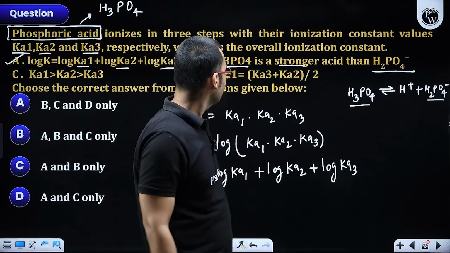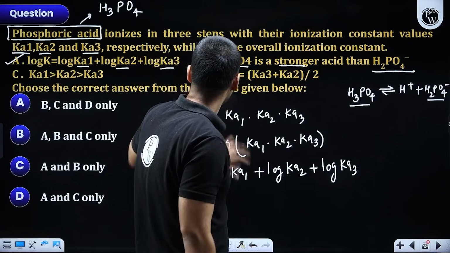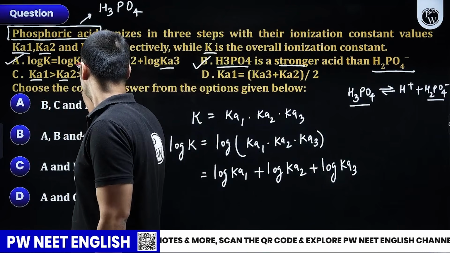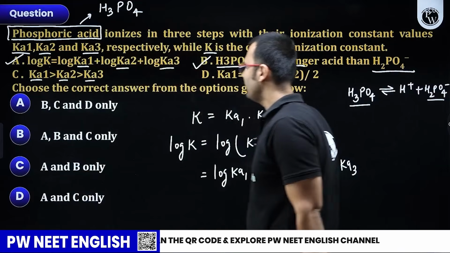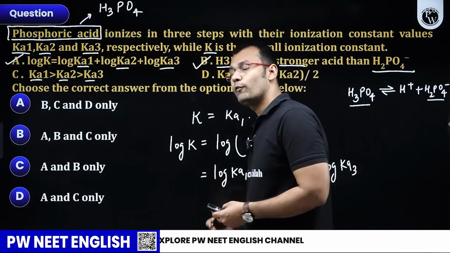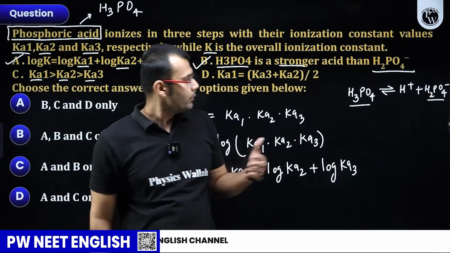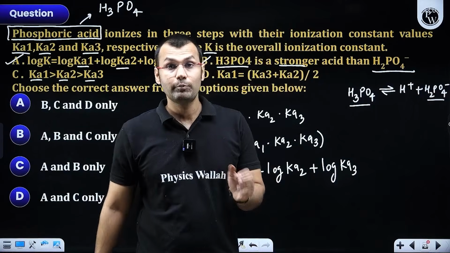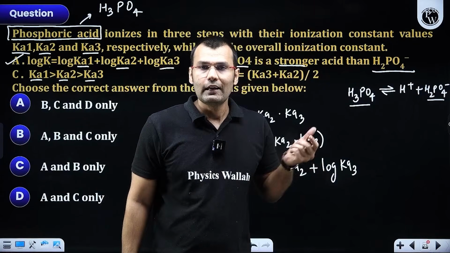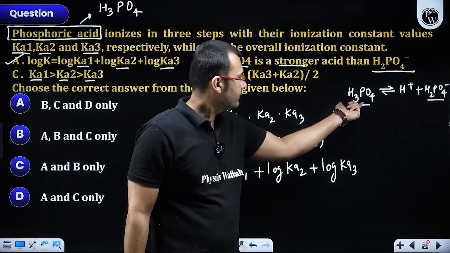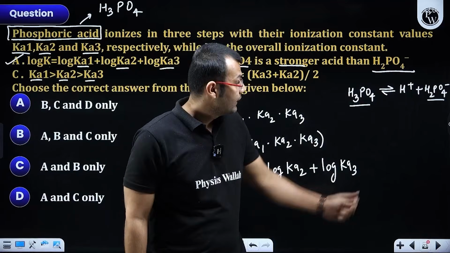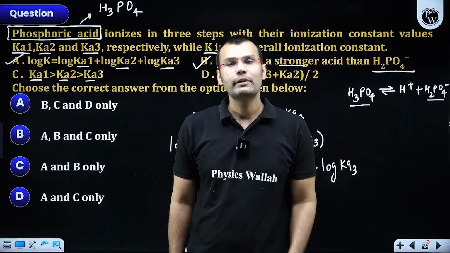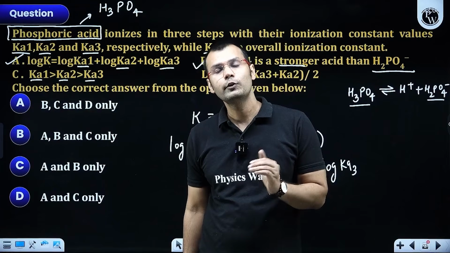So even point B is absolutely correct. If you check point C, K1 is greater than K2, so it is directly related with point B, right? Because H3PO4 is a stronger acid than H2PO4 minus, and H2PO4 minus is a stronger acid than HPO4 2 minus. So K1 is for H3PO4, K2 is for H2PO4 minus dissociation, and K3 will be the dissociation of HPO4 2 minus.